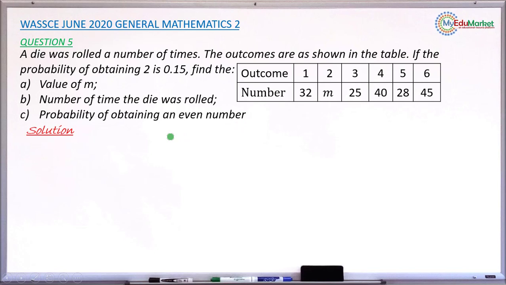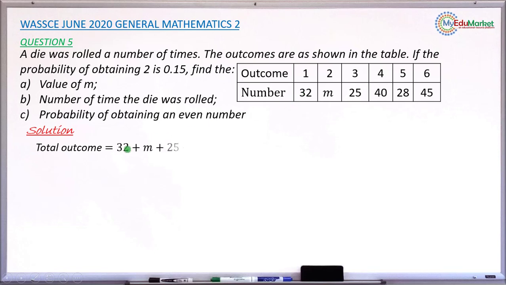Solution to the problem. What you do first is attempt to get the probability of getting the number 2, which, of course, is given. To do that, you have to find the total outcome. The total outcome will be the total number of times this die was rolled. So you add the frequencies of each and every outcome together. That gives you the total outcome.